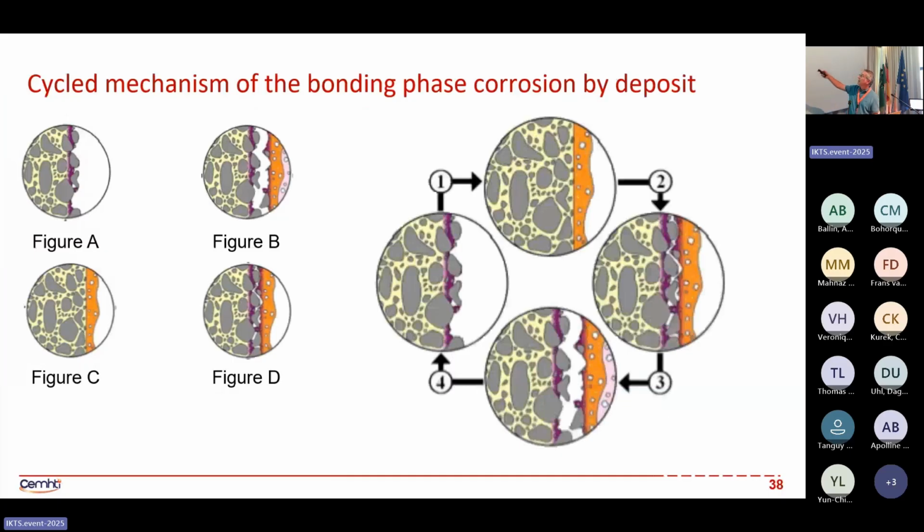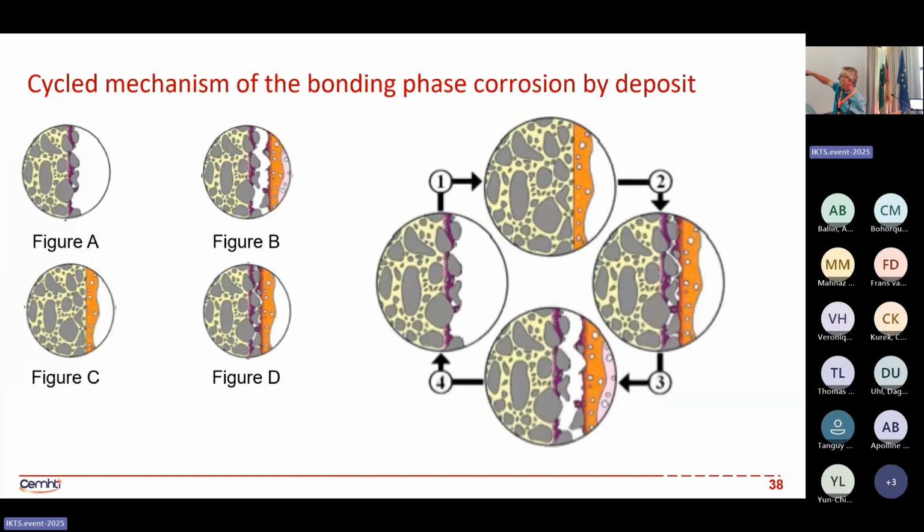At the beginning, we have a sound tile, a new tile in contact with the deposit. The reaction we saw just before creates the separation of the deposit, bringing with it a part of the tile, creating craters, and at the same time, a part of the other oxides, remember the sodium oxide, for instance, migrates inside, in the depth of the tile.